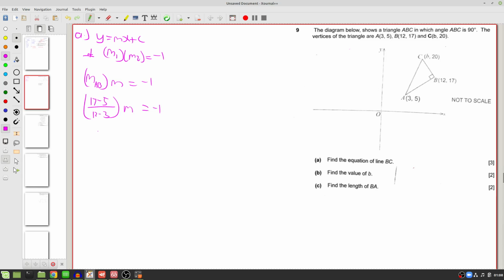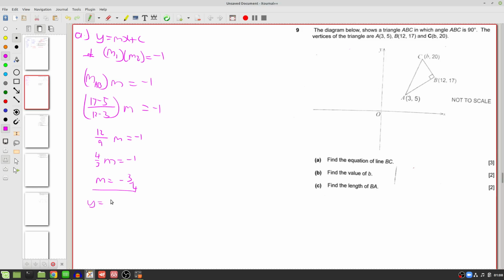Okay, 17 minus 5 is 12, 12 minus 3 is 9, and we multiply that by m to get -1. This we can simplify a little bit to 4 over 3 m equals -1. And then we just divide both sides by 4 over 3. So -1 divided by 4 over 3 is -3 over 4. Alright, so that's our m.